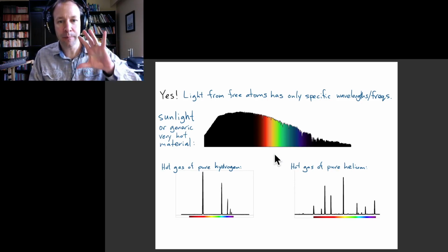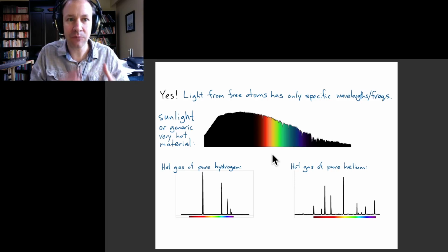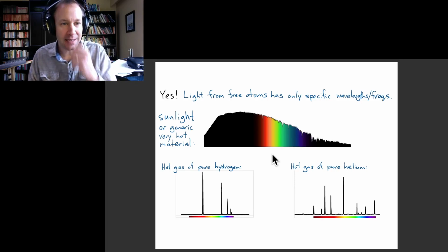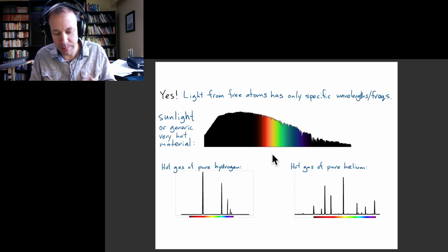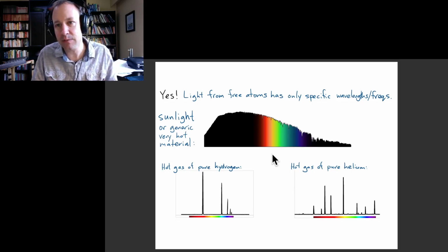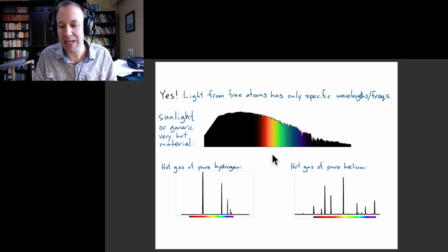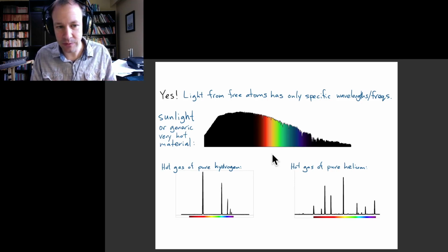But there are sources of light, it turns out, that look a lot more like the spectrum from these musical instruments. What you need to do is look at the simplest possible form of matter and look at the light that it produces when you heat it up.